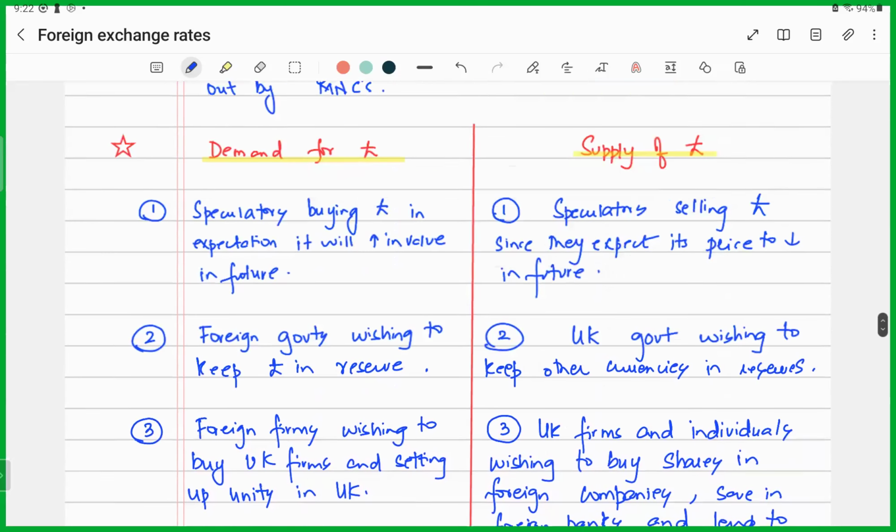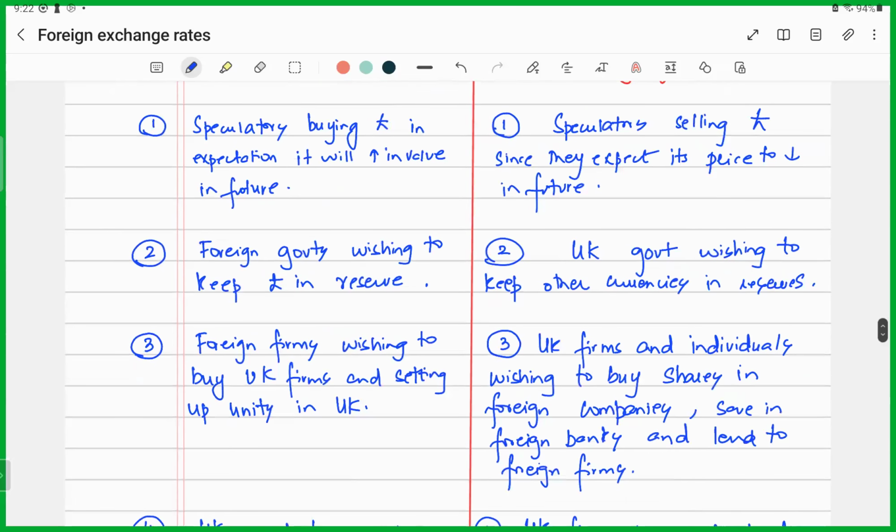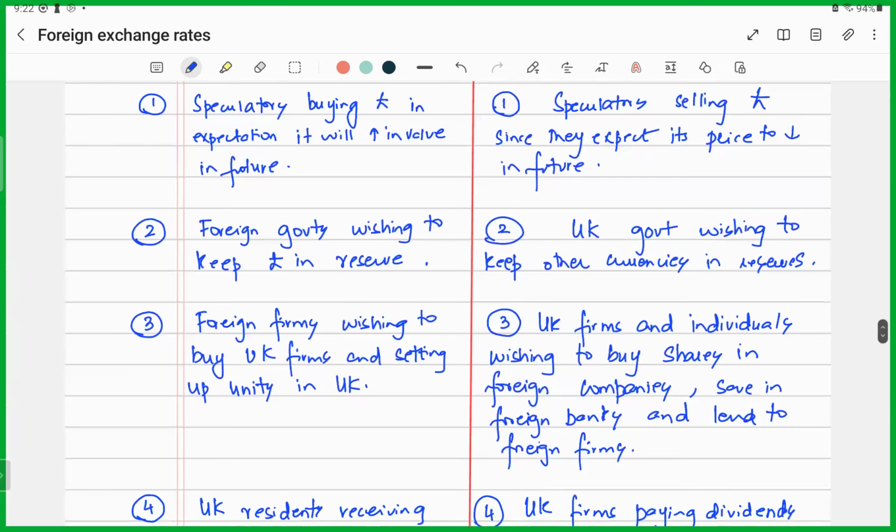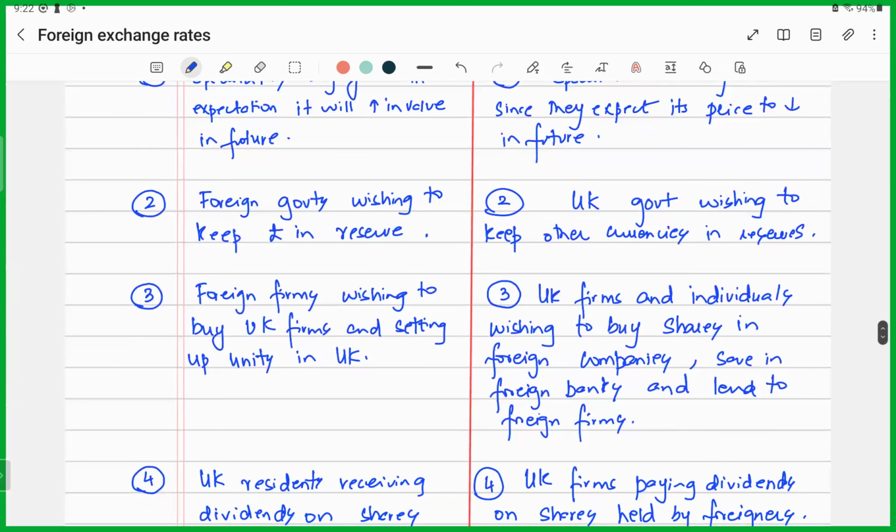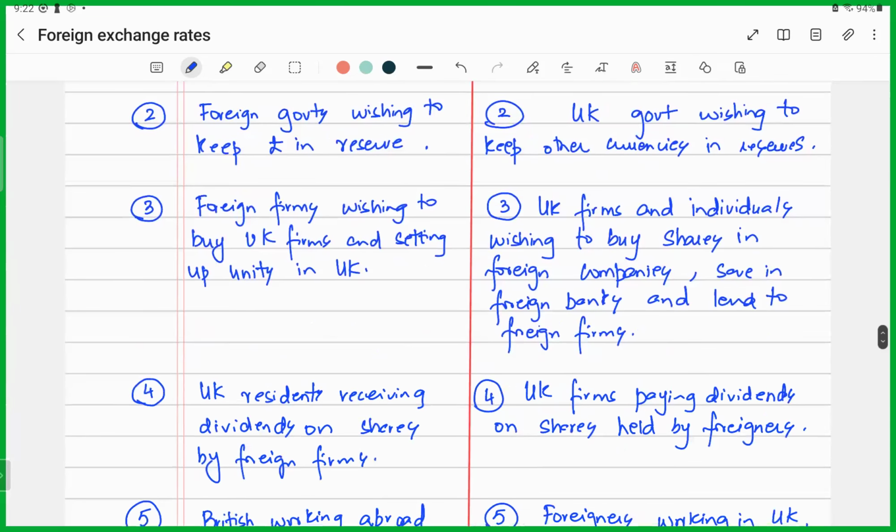And how would the supply of pounds be made? Again, speculators who are selling pounds. Why? Because they think that in the near future the price of pounds is going to fall, so they want to sell the pound sterling and buy some other currency instead. Or the UK government wishes to keep other currencies in their reserve, so they would be selling pounds and buying, let's say, euros or dollars or yuan. Third, it could be UK firms and individuals who wish to buy shares in foreign companies or save in foreign banks and lend to foreign firms.